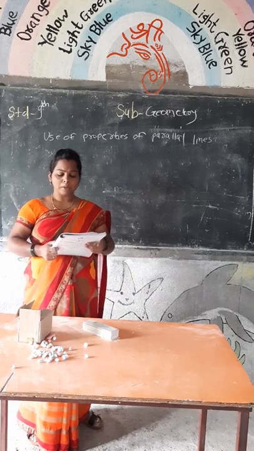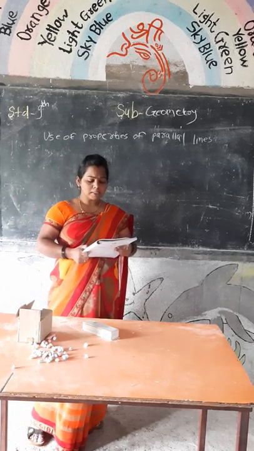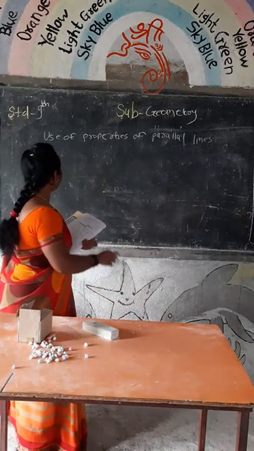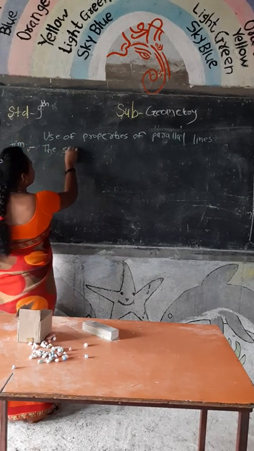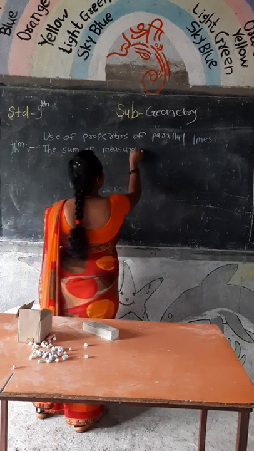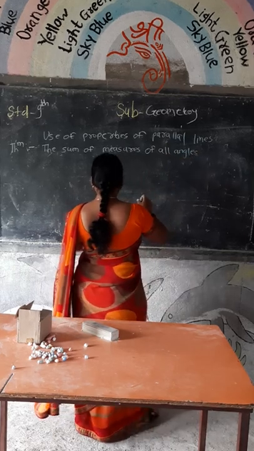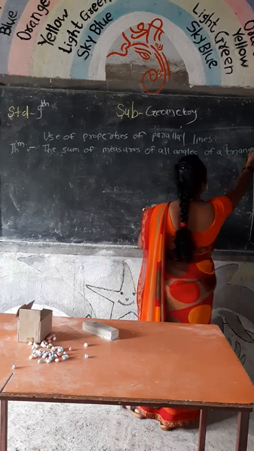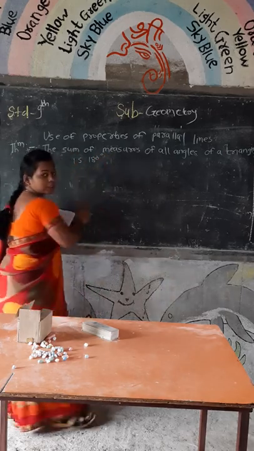The theorem is: the sum of the measures of all angles of a triangle is 180 degrees. This is the statement of the theorem.